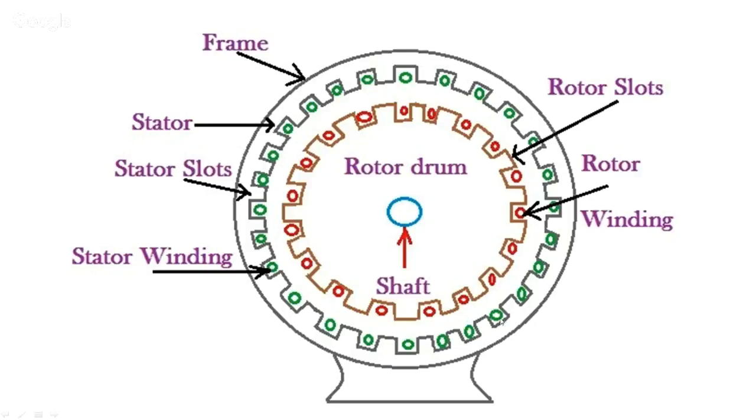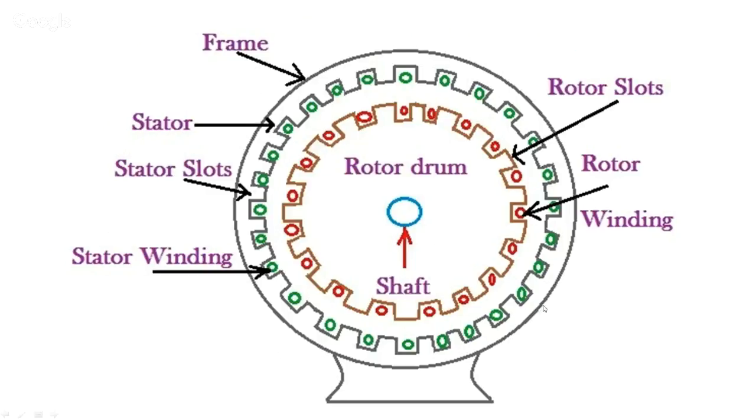So when these stator windings are energized, meaning when connected to a supply, if it is a single phase induction motor, it will be connected to single phase supply. If it is a three phase motor, it will be connected to three phase supply.